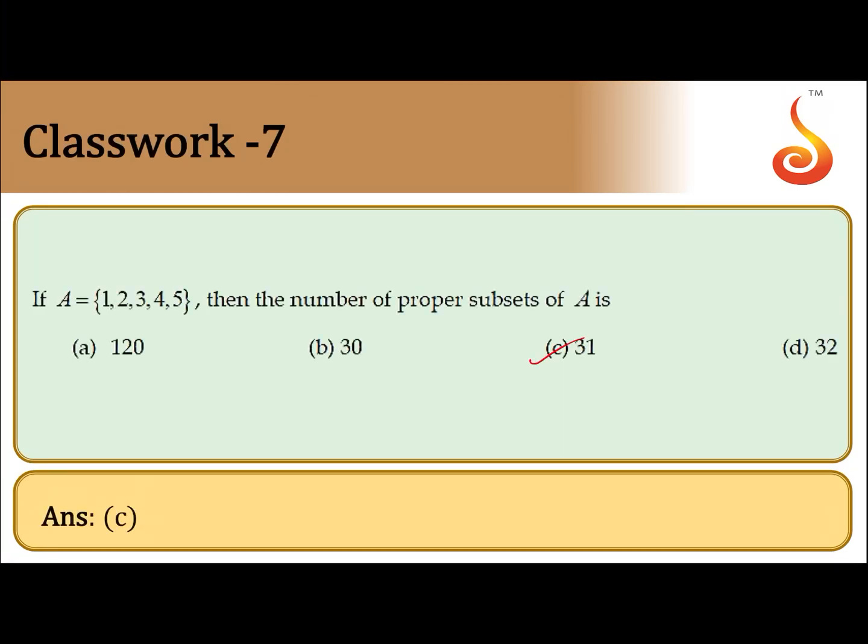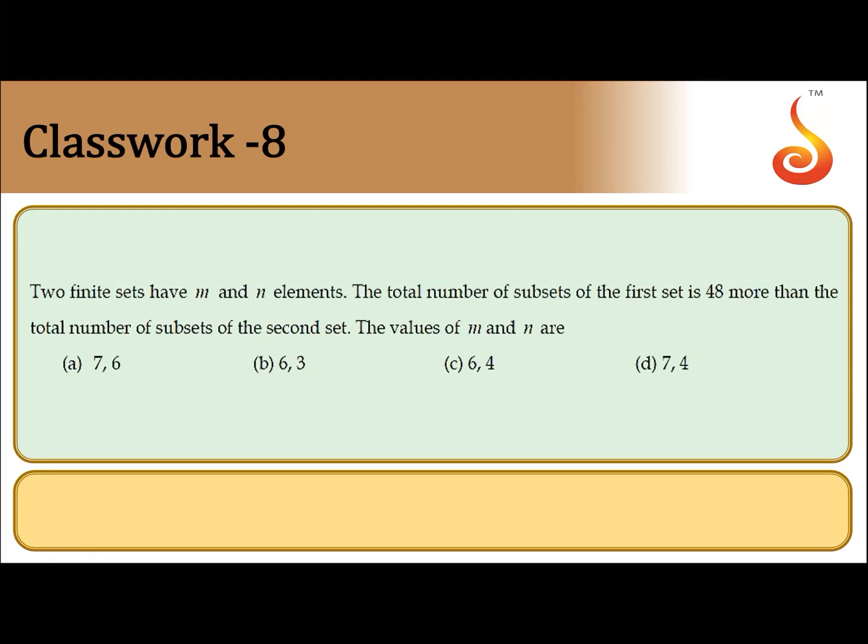The answer is 31. Coming to the next one, two finite sets have m and n elements. The total number of subsets of the first set is 48 more than the total number of subsets of the second set. See, the two sets: the number of elements in the first set, n(A), is equal to m. The number of elements in the second set, n(B), is equal to n.